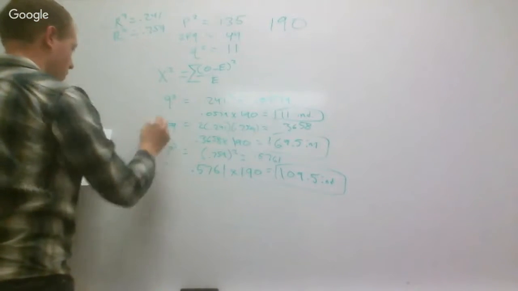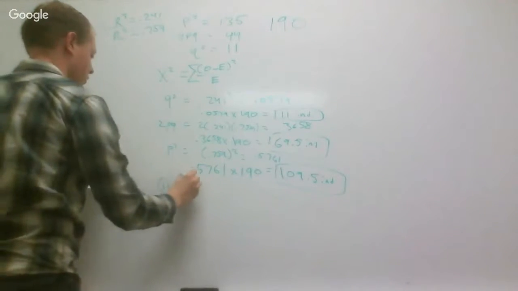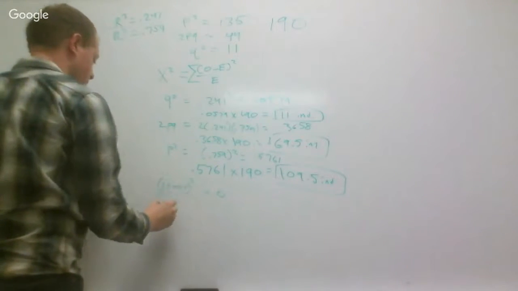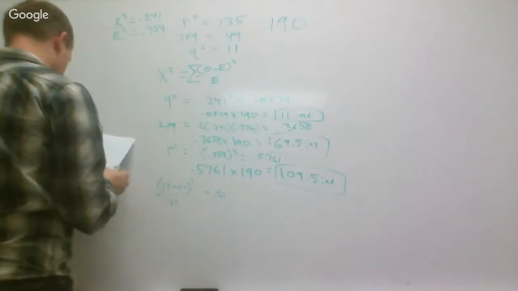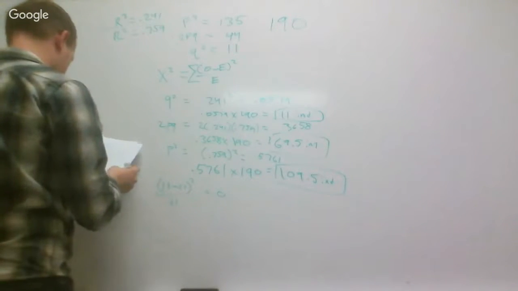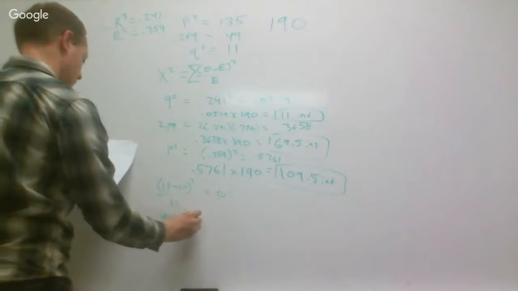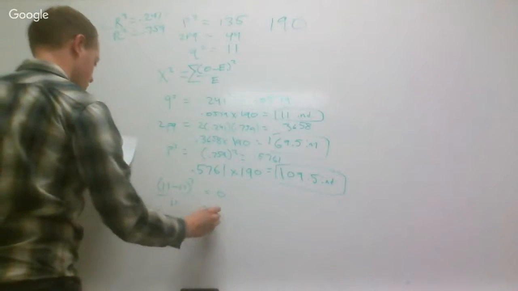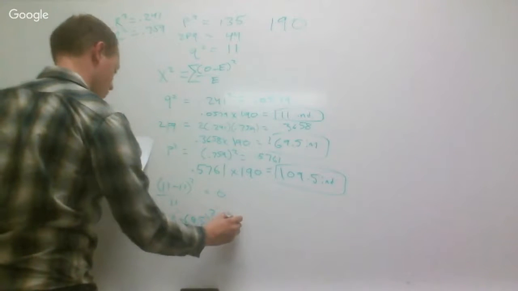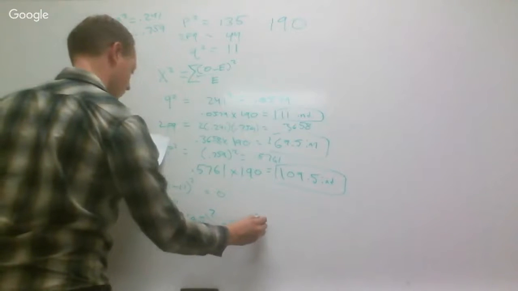So first one is q, so that'll be 11 minus 11 squared over 11, that equals 0. Next one we'll do our heterozygotes. So that's 44 minus 69.5 squared over 69.5, and that equals 9.356.